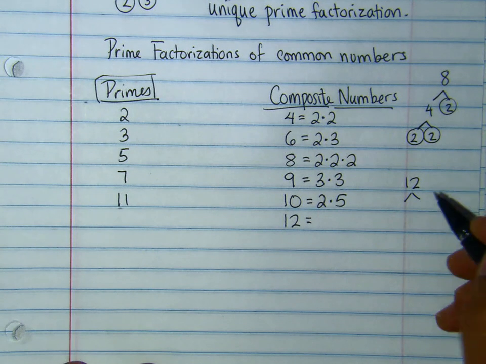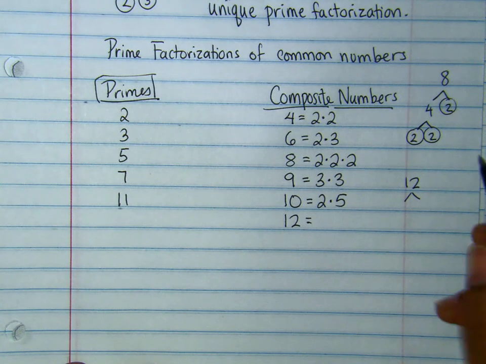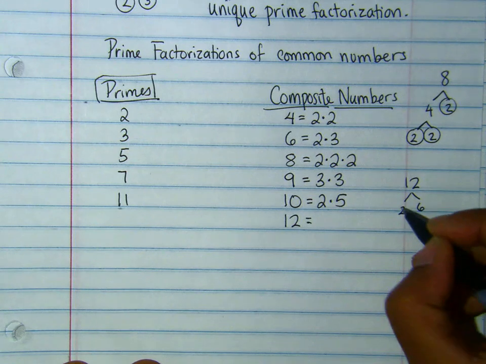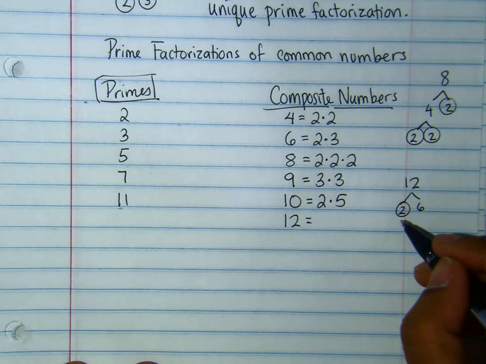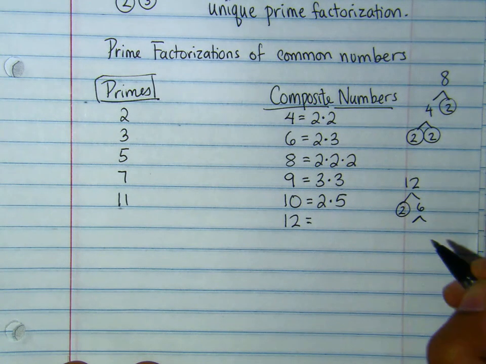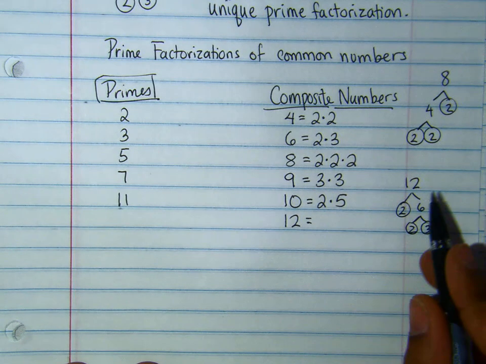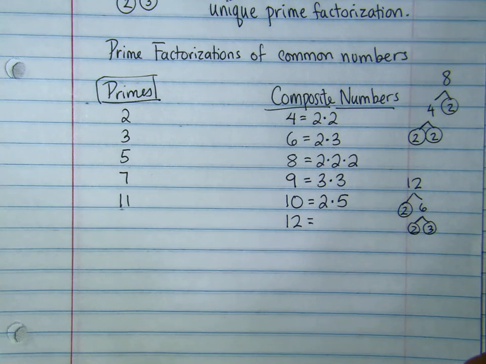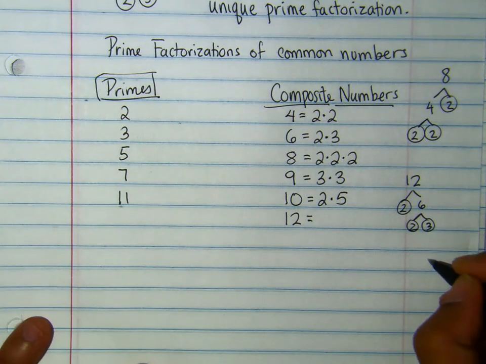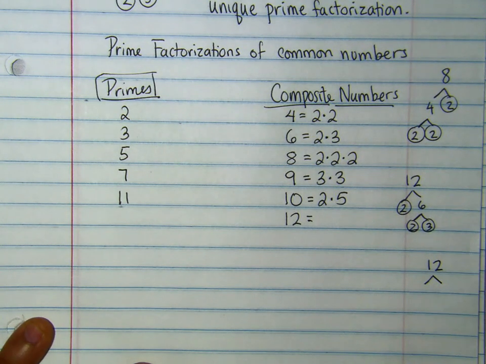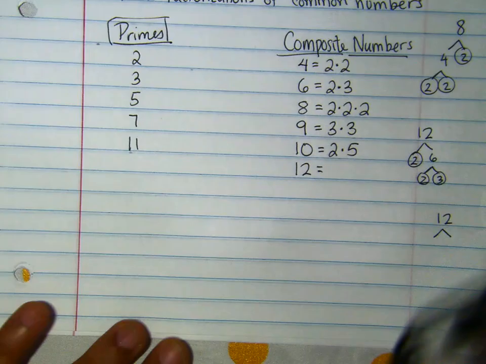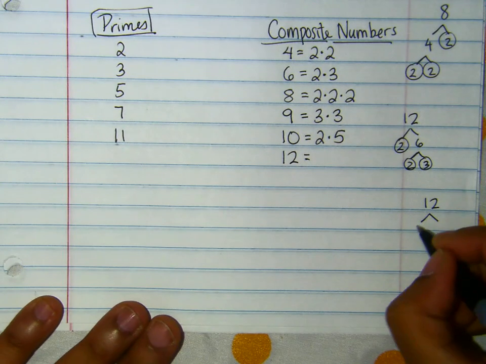And 12, you can actually break it up multiple ways, right? So I could say 2 times 6 gives me 12. So I know the 2 is there. I break the 6 up further, and I say 2 times 3 gives me 6. So that could be one factor tree for 12. And the other factor tree for 12 could be if I say, well, 12 is 4 times 3.